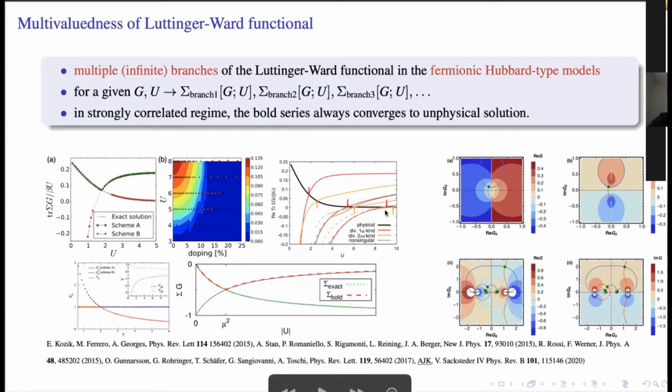Recently, there is also a report that the number of unphysical branches is actually infinite. And at the branching point, the eigenvalue of the charge vertex actually diverges, which has a physical implication in the system. There is also an interesting suggestion that this kind of multivaluedness problem is closely related to the fermionic statistics.